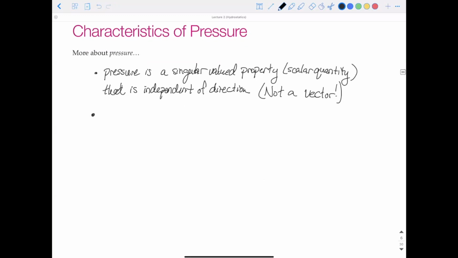Pressure is also a thermodynamic property of a fluid, just like temperature and density. So it's not a force, it's an actual thermodynamic property of a fluid.